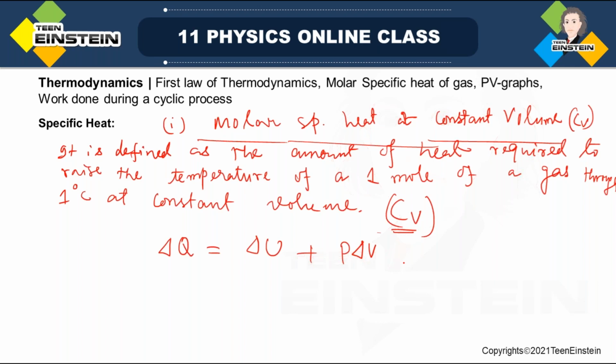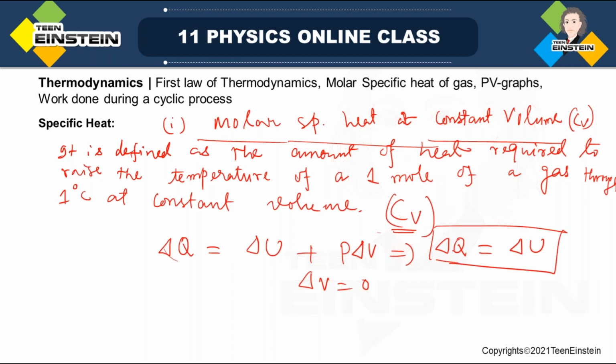At constant volume, dV is 0. So dQ, the amount of heat required to raise the temperature of the gas through 1 degree centigrade, is doing only one job: it is spent entirely on the internal energy, to raise the temperature itself.